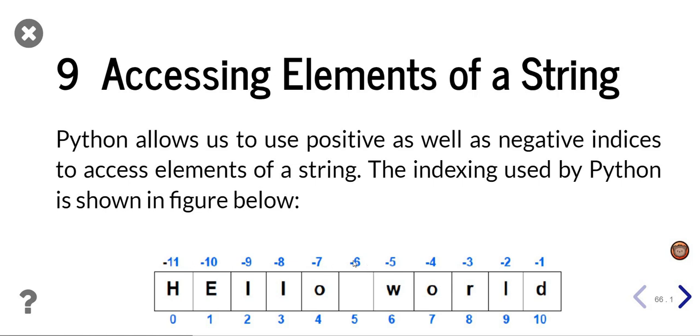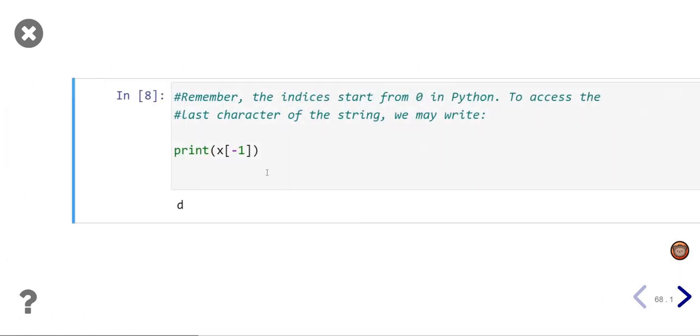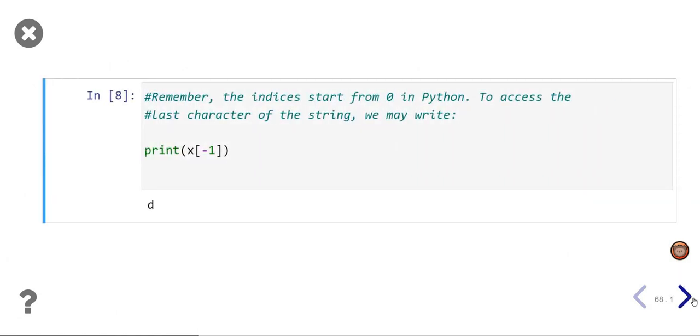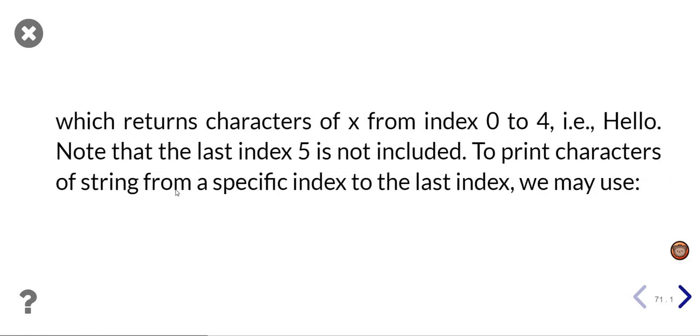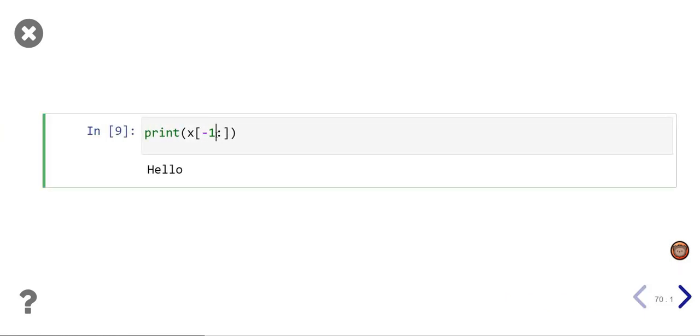So negative 11 is smaller or negative 7 is smaller? Negative 11. If you want to get the word hello, you use negative 11 to negative 6.